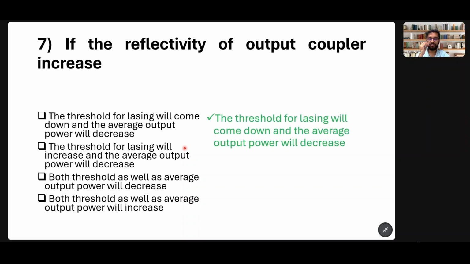Out of this, the correct answer will be that the threshold for lasing will come down and the average output power will increase, making it easier for the photons to be pumped to the higher level, making population inversion very easy as a result. So if the inversion is more, your output power also will be less because of more photons being excited, where the threshold will be coming down.